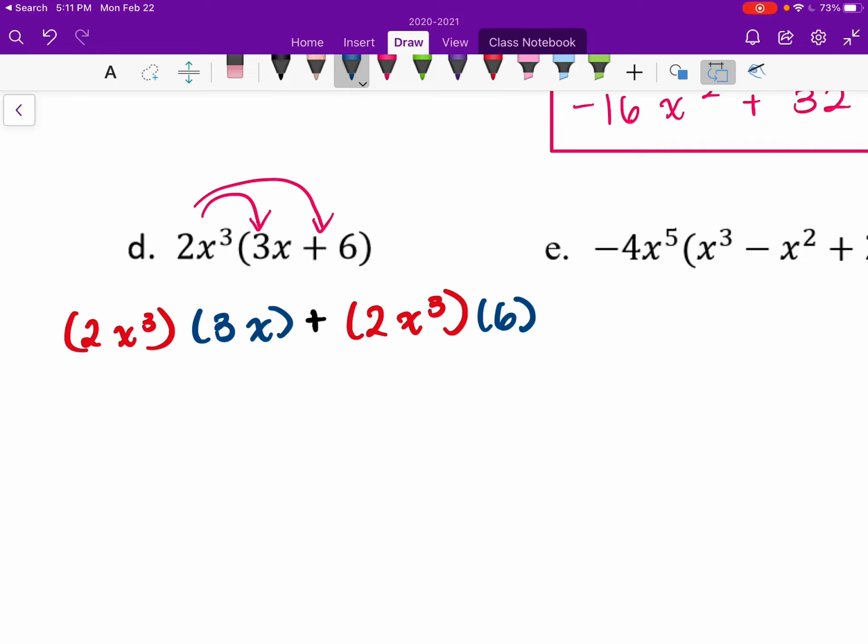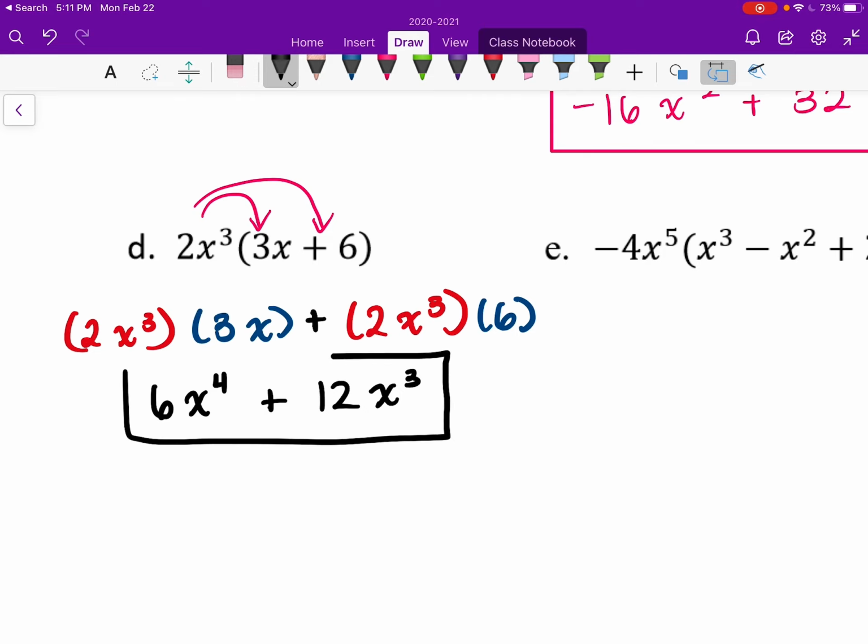And I'm just going to answer. 2x cubed times 3x squared is going to be 2 times 3 is 6, x cubed times x squared is just going to be x to the power 5, plus 2 times 6 is 12, and then x cubed times 1 is just x cubed. Okay, and that's my answer.